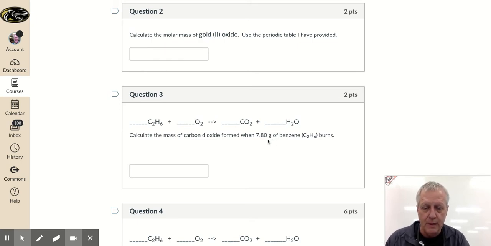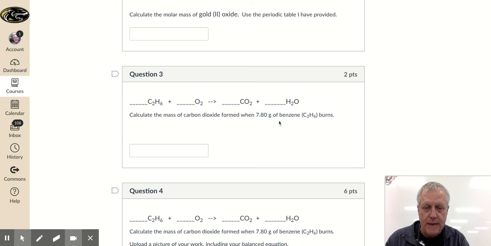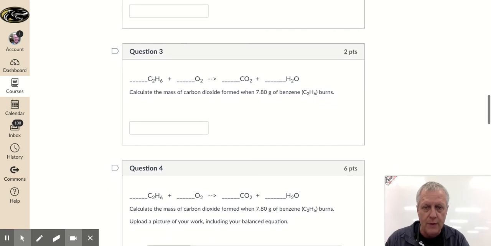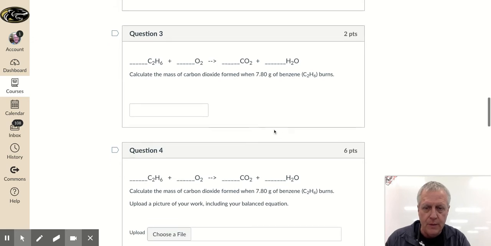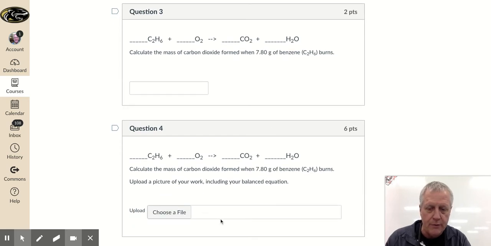Then you're going to be given a value of mass, and it's requiring you to do a mass problem. When you have done that on a piece of paper, taken a picture, or done it on a document, or some other way, then in question 4 you will upload that file.